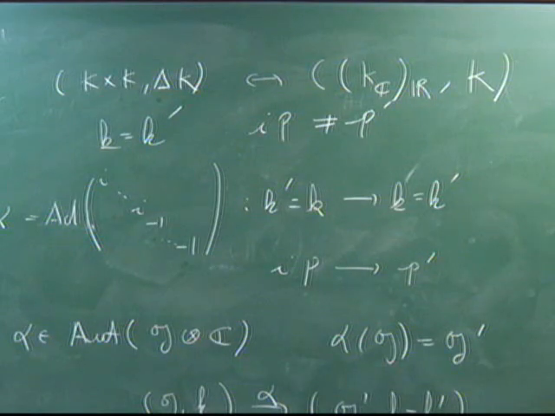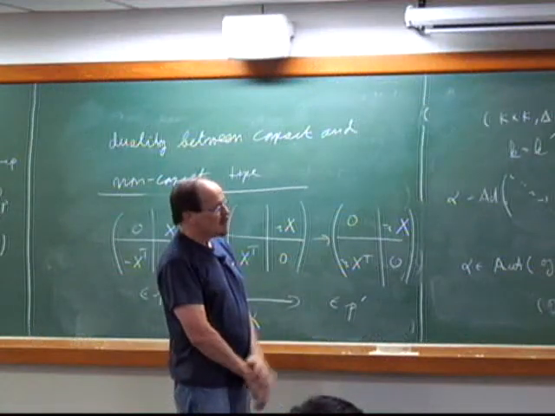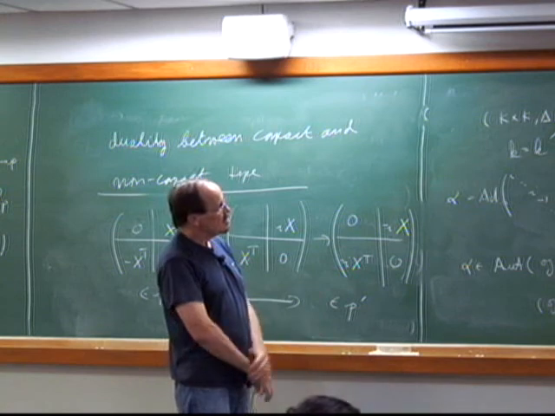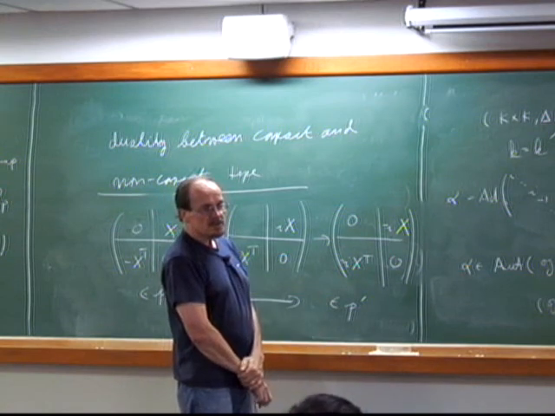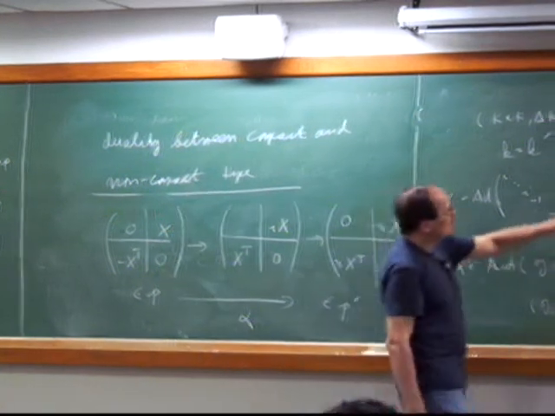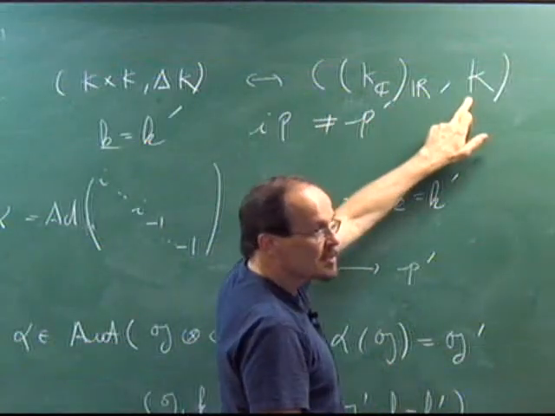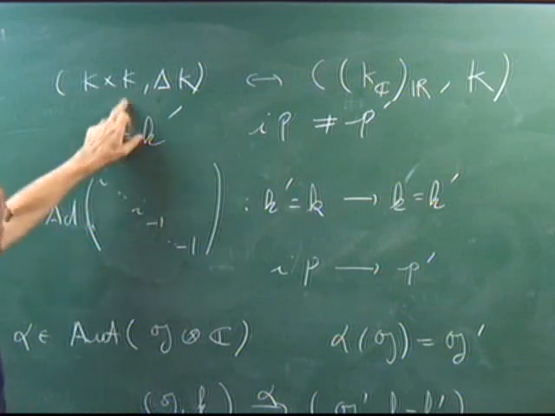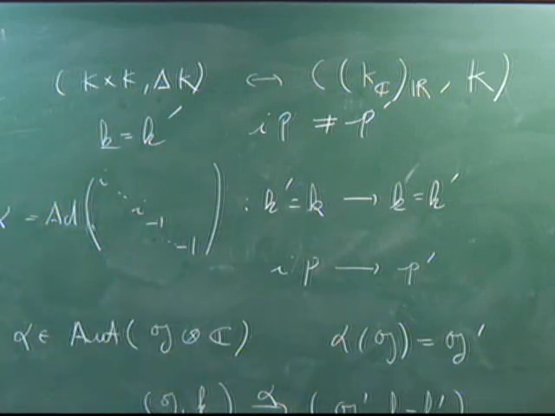It's complex. That's what I mean by K_C. Right? And now forget about the complex structure and it becomes a real Lie group. And K certainly sits inside this group as the real points. And that's supposed to be a symmetric pair. So for every compact Lie group, this is a symmetric pair. And that's my non-compact dual. This here is my compact space. So that's a kind of funny example of a duality.